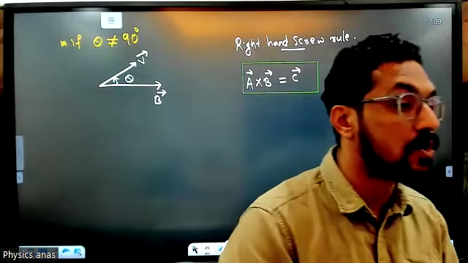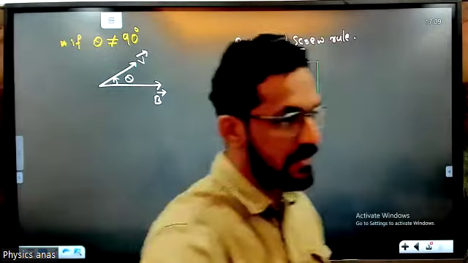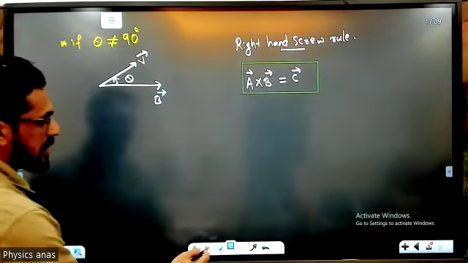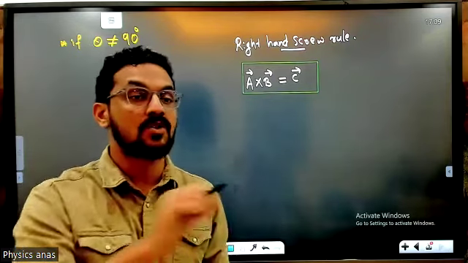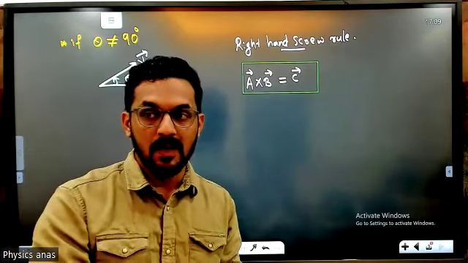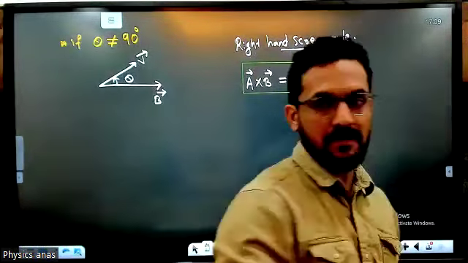Like that, you are getting vector F from V cross B. So the force will be perpendicular to both V and B.